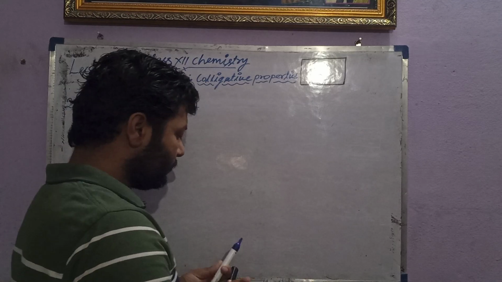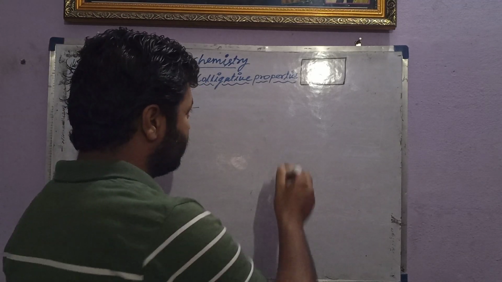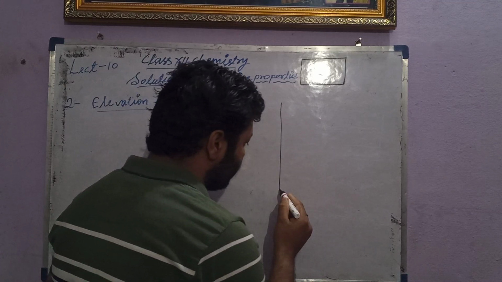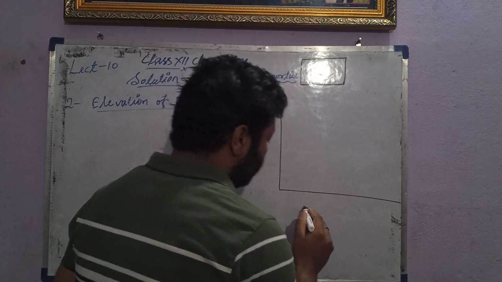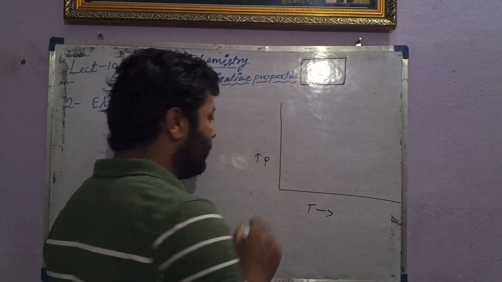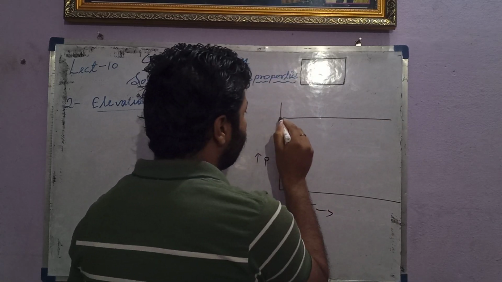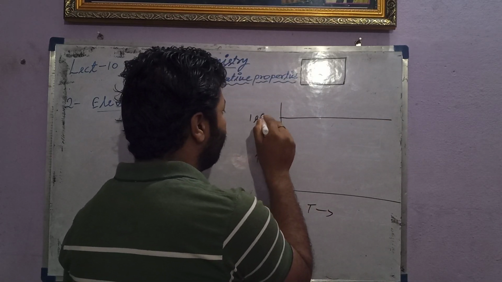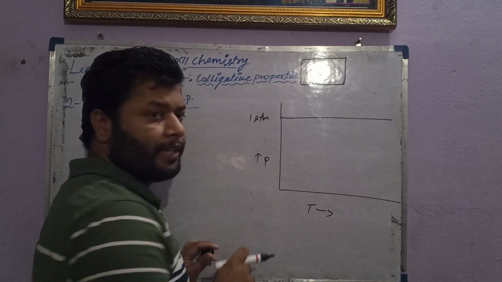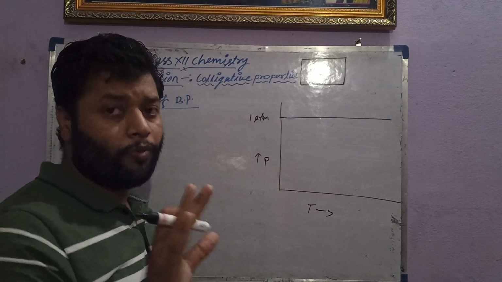So I have a graph to show this. Suppose this is temperature and this is pressure, a pressure versus temperature graph, and suppose this is the atmospheric pressure, 1 atmosphere.